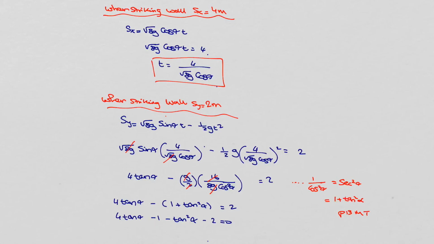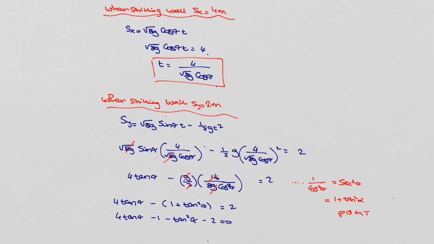So that, if I multiply everything across by minus 1, leaves me with tan squared alpha minus 4 tan alpha plus 3 is equal to 0.